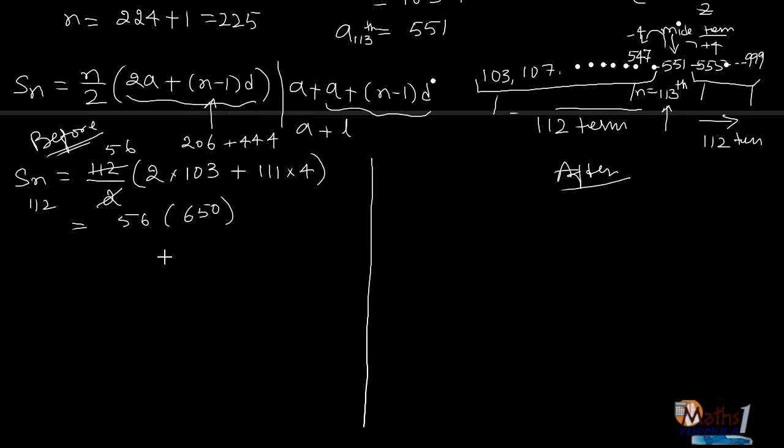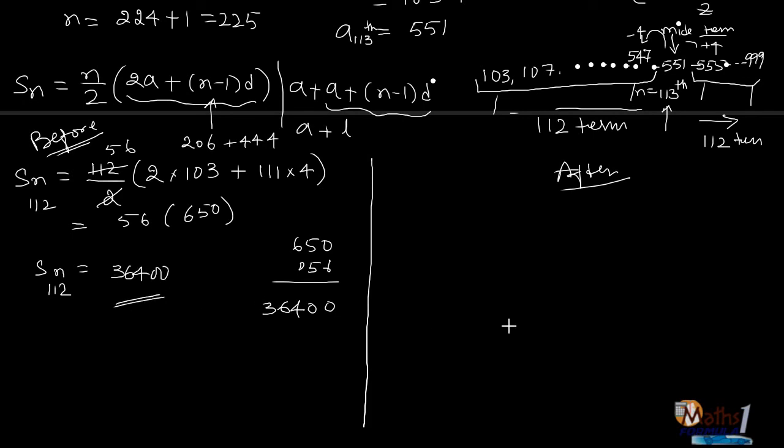So I'm going to use my multiplication of Vedic maths. 650 multiplied by 56, then 30, 36. Yeah, that will be S112, the sum of the terms before the midterm, which is going to be 36,400.